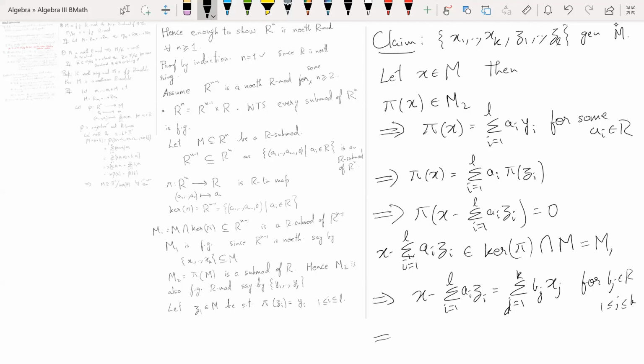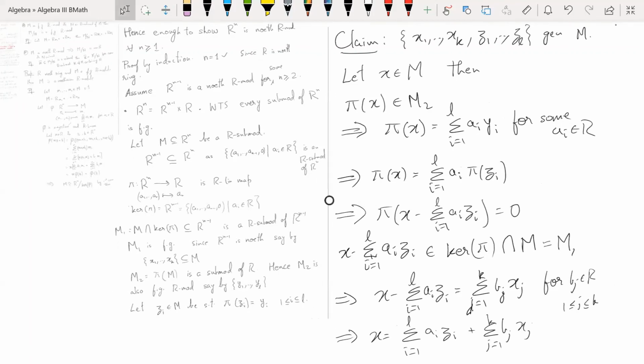So this implies x equals the summation of ai zi plus the summation of bj xj, i equals 1 to l and j equals 1 to k. Okay, so that completes the proof.